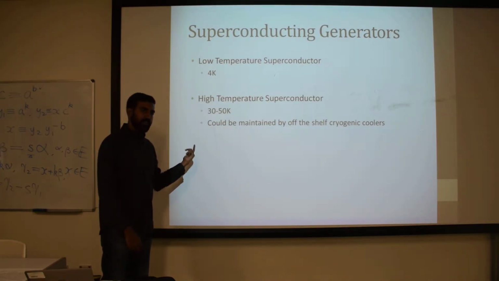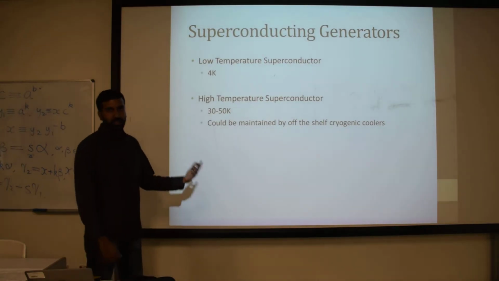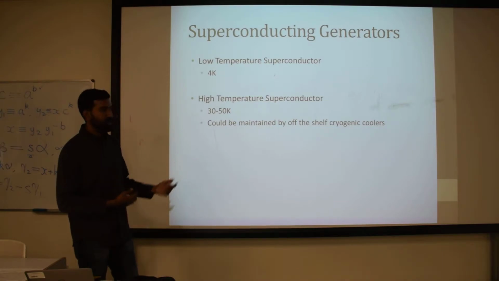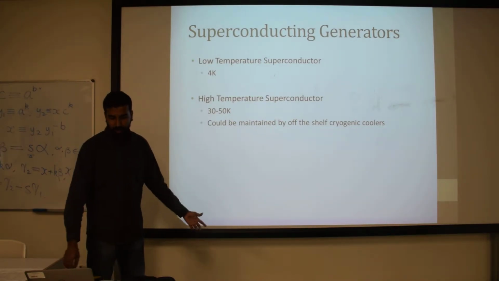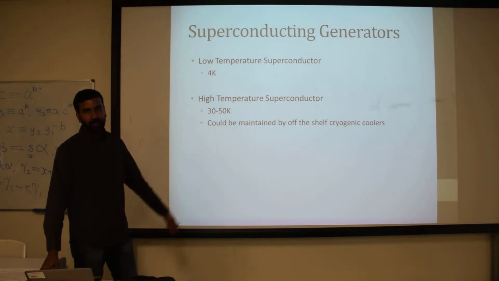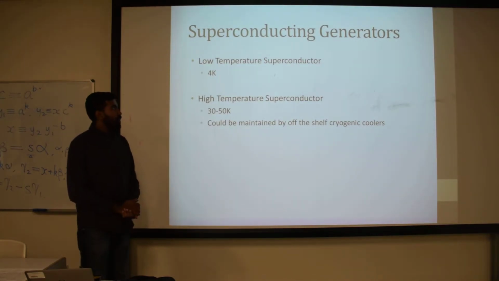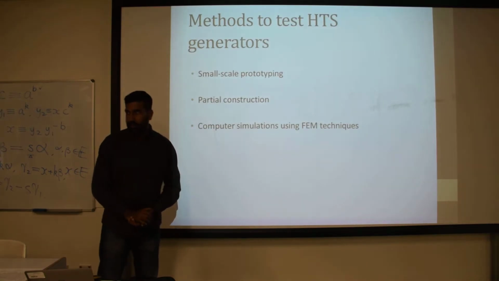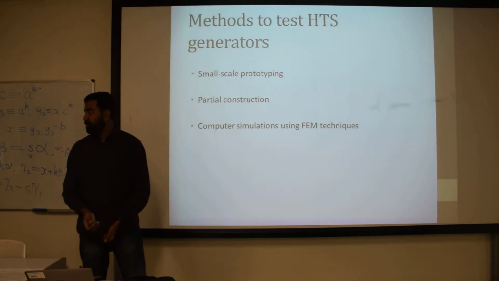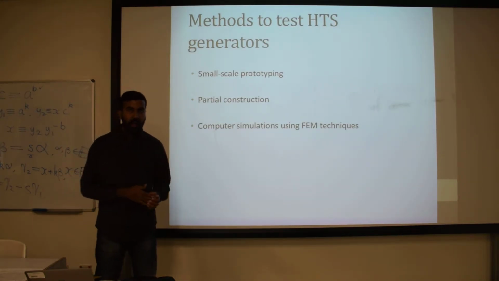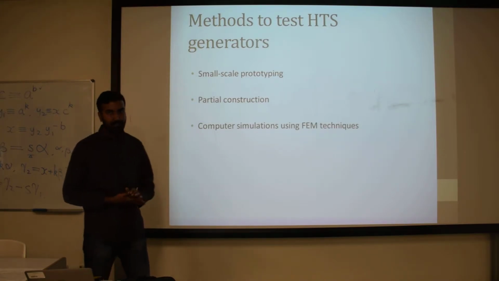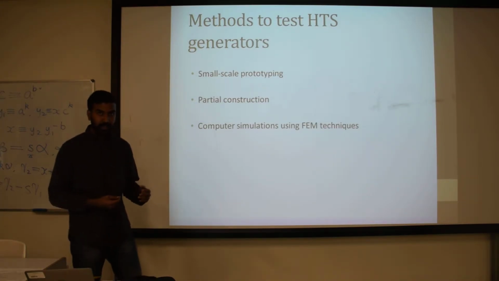They are being looked at seriously because the cryogenic technologies to keep the temperature are already available in the marketplace and can be bought off the shelf. So there are a lot of HTS generators that have been proposed, and these generators need to be tested.